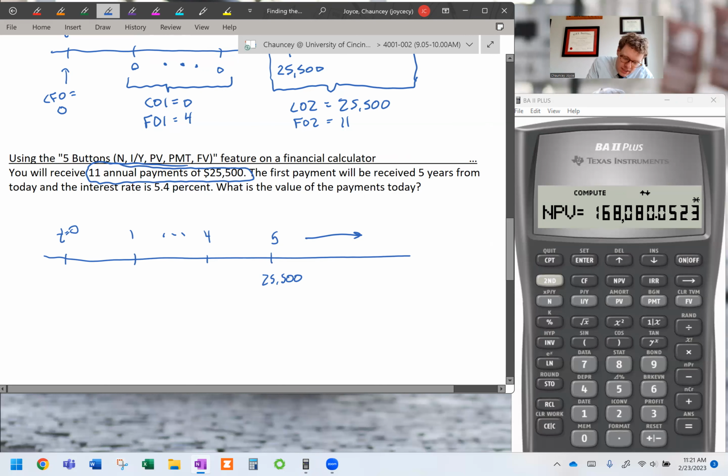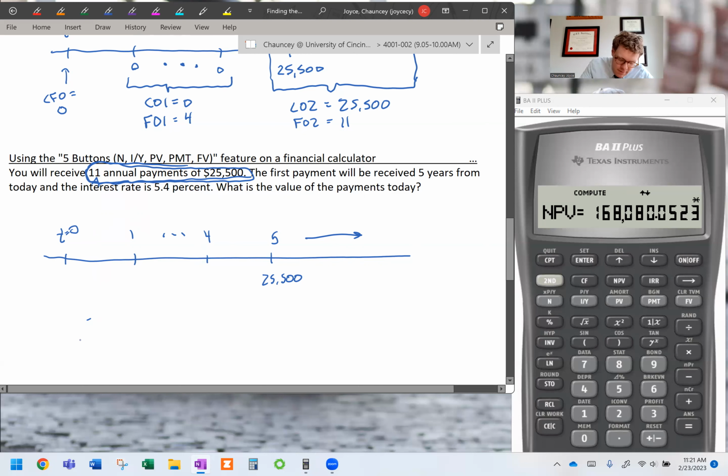How did I know this is an annuity? Well, they're fixed cash flows for finite time. The keywords you're looking for are anything that says payment or per year or per month. So you have fixed cash flow and finite time. That's the two components to your annuity.